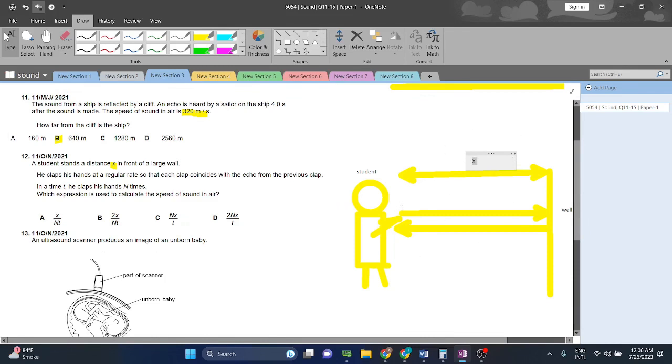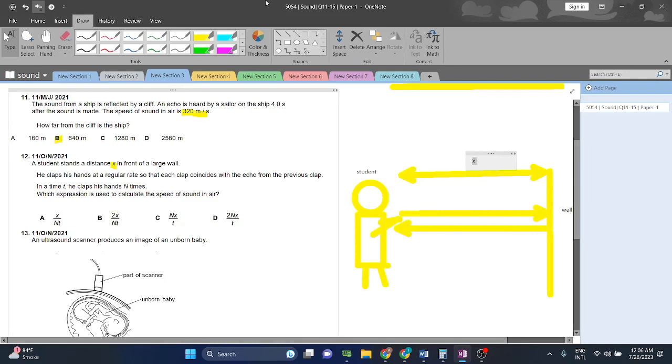So this is the distance x. The sound will travel x and then travel back another x in order to make an echo, so that makes it 2x.